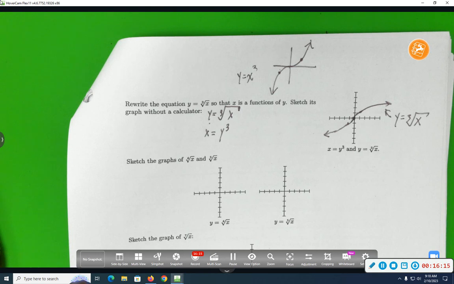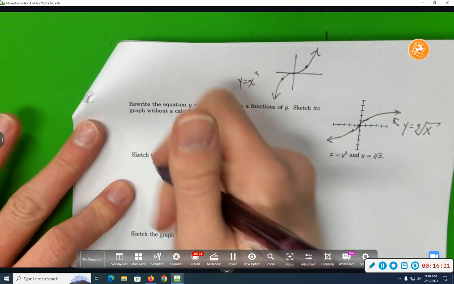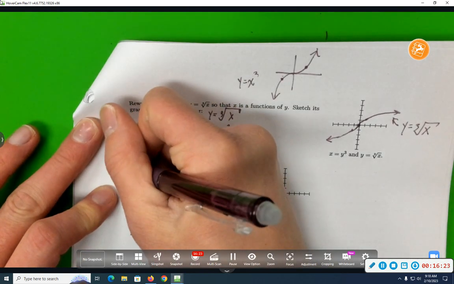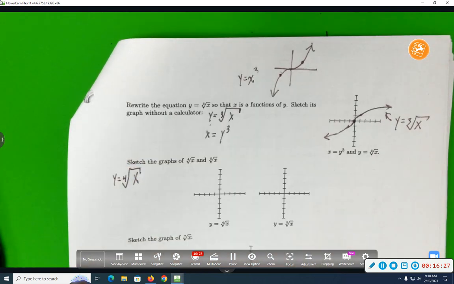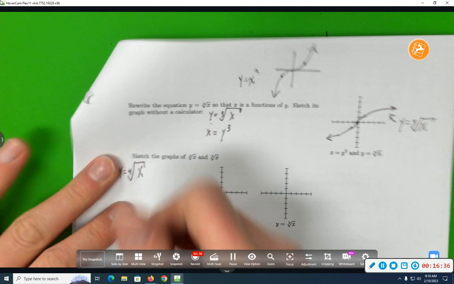Everyone's being very quiet. I should. Let's see. So, y equals the fourth root of x. I'll follow the same procedure as before. Does that look like something you could solve for x? Yeah, what would you get if you did? x equals y to the fourth.